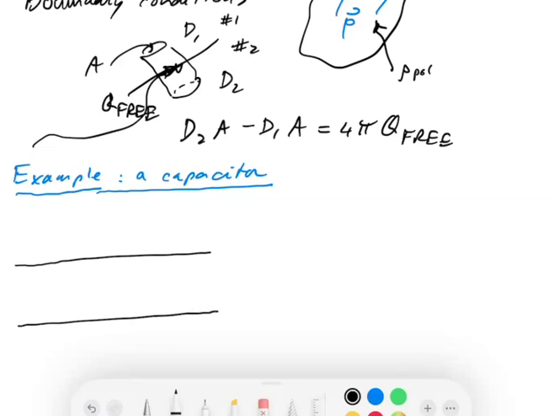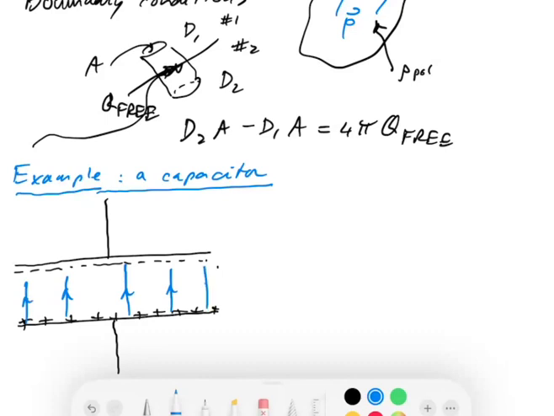We have 2 leads. One side is positively charged. The other side is negatively charged. So that means that inside here there's an electric field. And here on the edge, of course, we can consider fringe effects if you want.